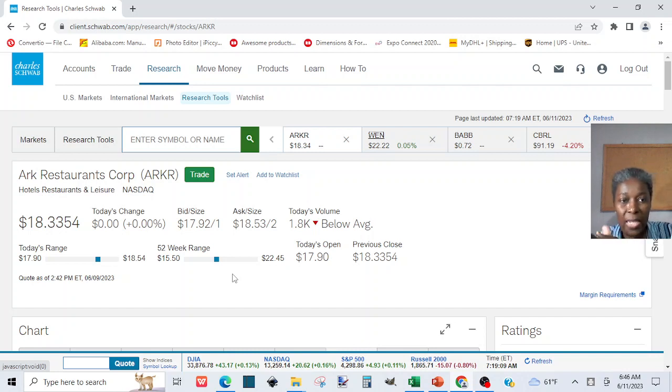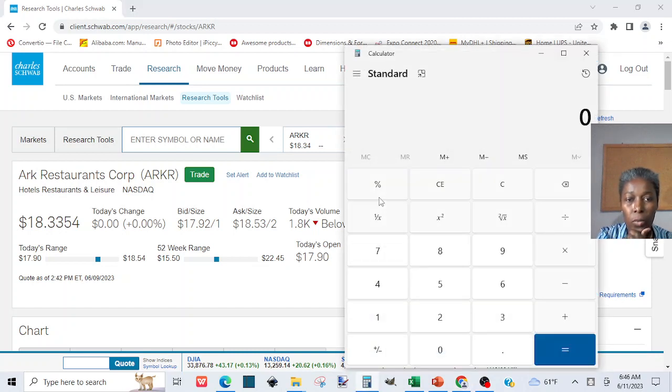That's where you know whether the current price is leaning toward the highest or the lowest 52 weeks. The current model platform tends to have a line here to show you, to make it easy.